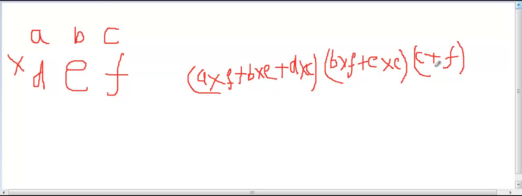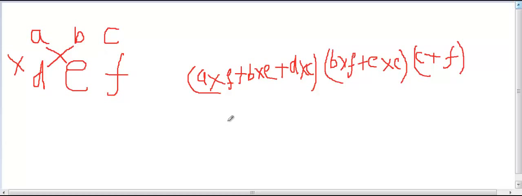Okay, the first digit is C and F, and this is the second digit, and this the third digit. Now we have to obtain the fourth digit. The fourth digit you can obtain by multiplying A by E and multiplying D by B. Both will be added.